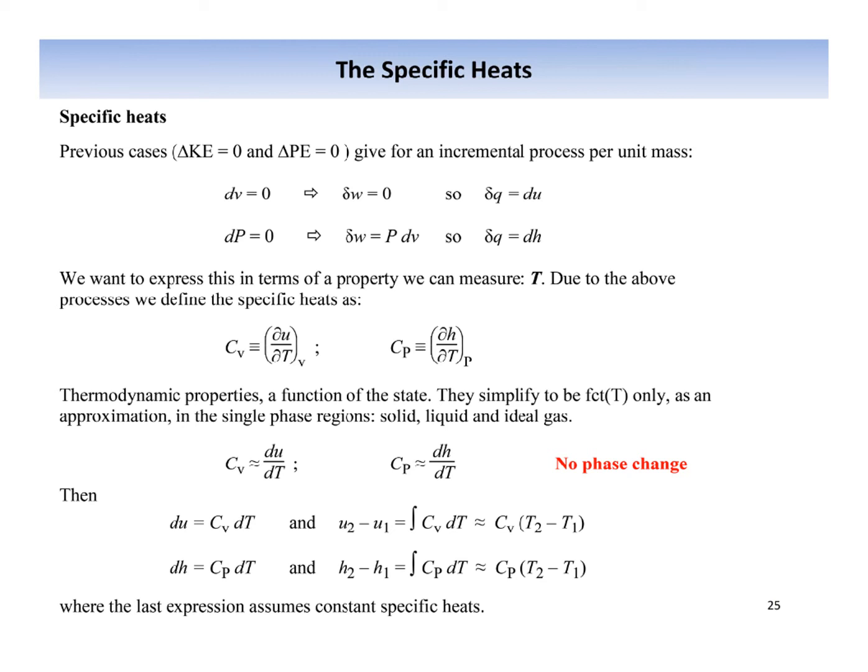It is also presented in this slide, that change in internal energy over temperature is the constant volume specific heat. Previously we know that Q plus W is equal to delta U. Since for a rigid body work is equal to 0, Q is equal to delta U.